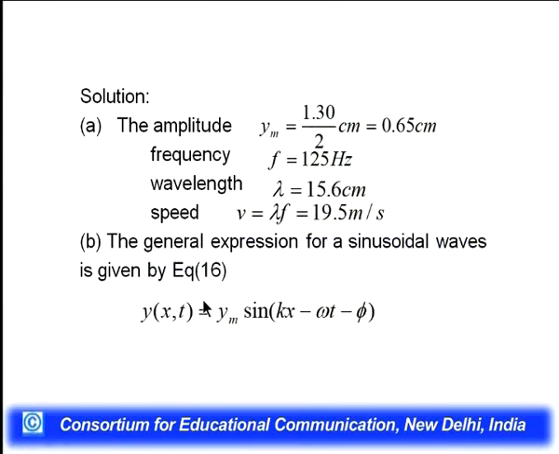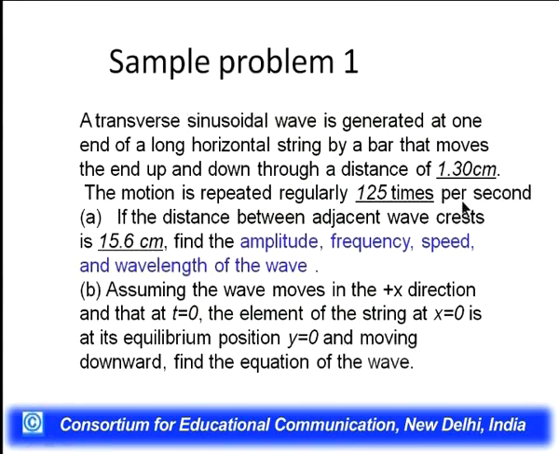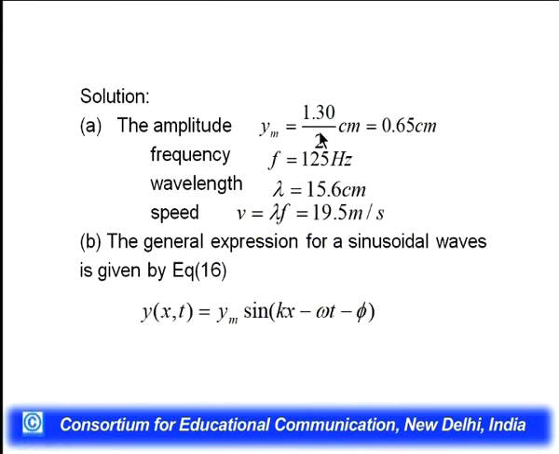The amplitude ym is equal to 1.30 divided by 2, because 1.30 centimeters is the total distance the end moves. The amplitude is half of this, 1.30 by 2 centimeters, which is 0.65 centimeter.